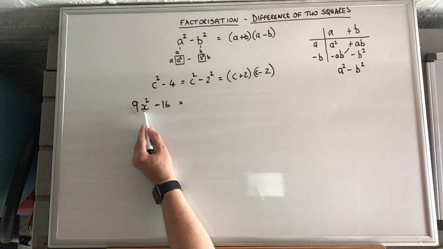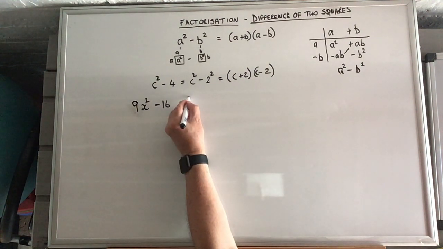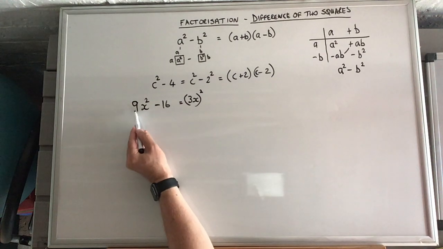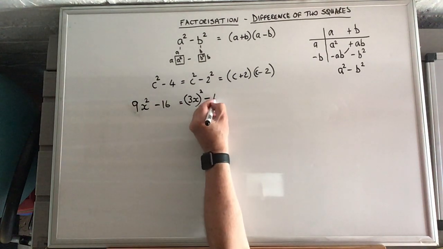Well, 9x squared: the square root of 9 is 3, because 3 threes are 9, so that's 3 squared. So we can write that as 3x all squared. Subtract 4 squared.